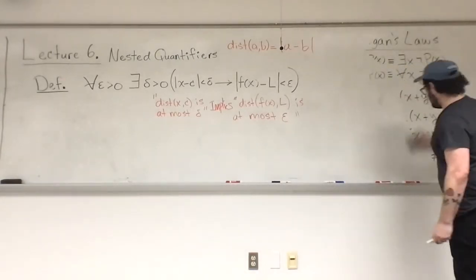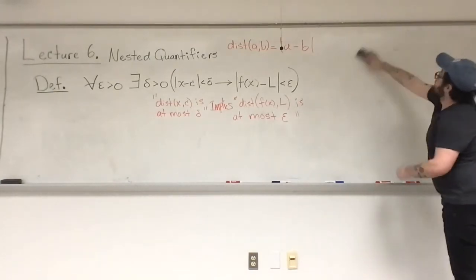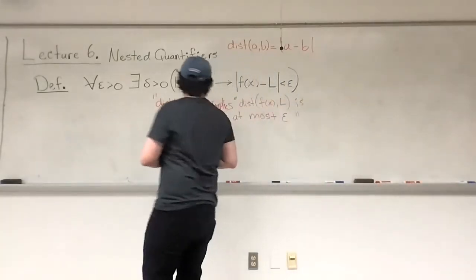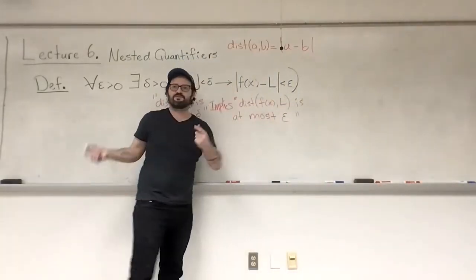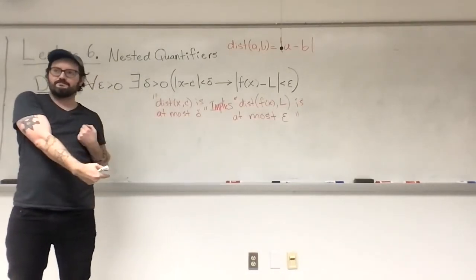So functions, right? This seems to be a real valued function for whatever reason. I'm just assuming that. So what do functions do? You put in a real value, you put in a number, and you get out another number, right?